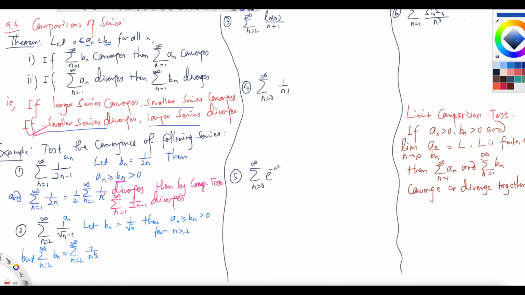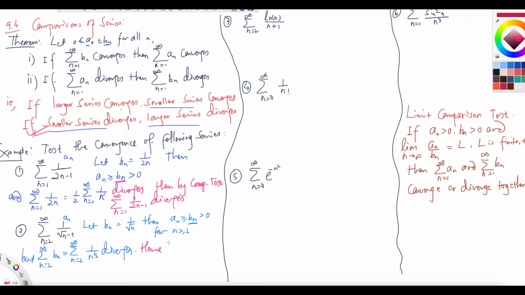The p series test says that if there is a series of 1 over n to the p, and if p is less than or equal to 1, then this series diverges, right? So this series diverges. The series of the smaller terms diverges, then the series of the bigger terms must diverge too, because diverge means the series of the smaller term has the sum infinity, so the series of the bigger term must also have the sum infinity.